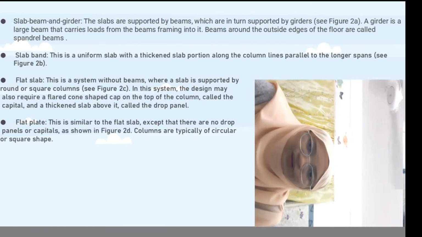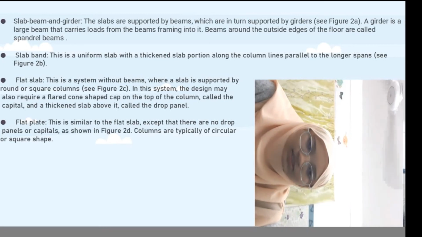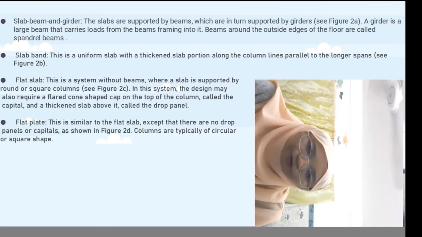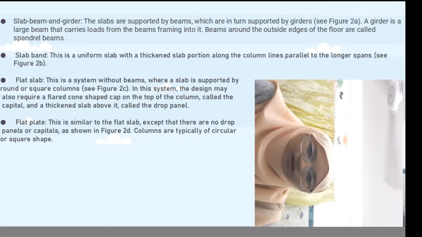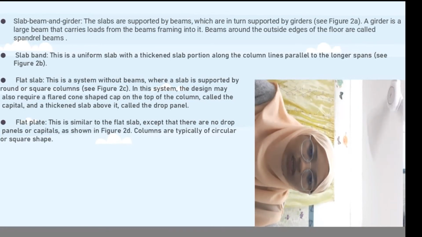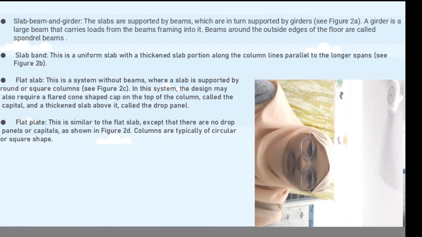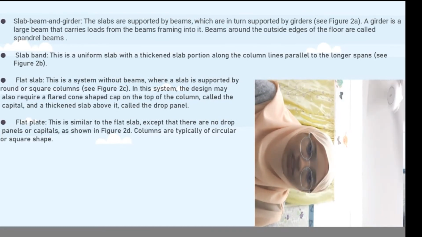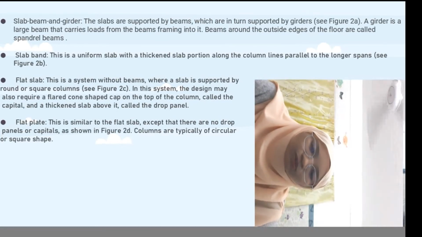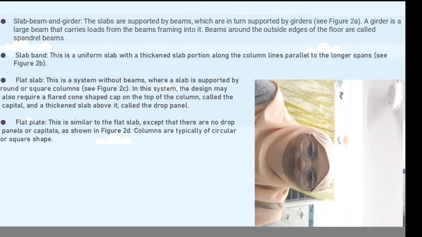Number 3. Flat slab. This is a system without beams, where a slab is supported by round or square columns. See figure 2c. In this system, the design may also require a flat cone-shaped cap on the top of the column, called the capital, and a thickened slab above it, called the drop panel.